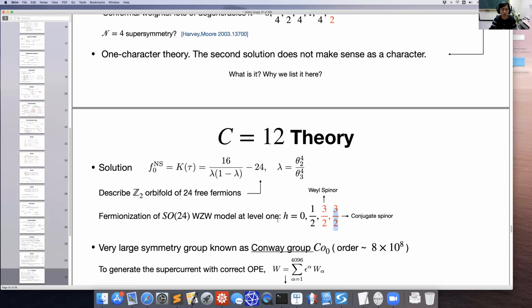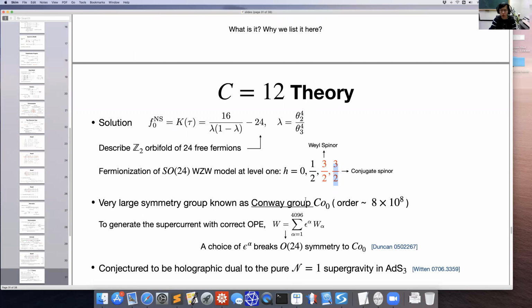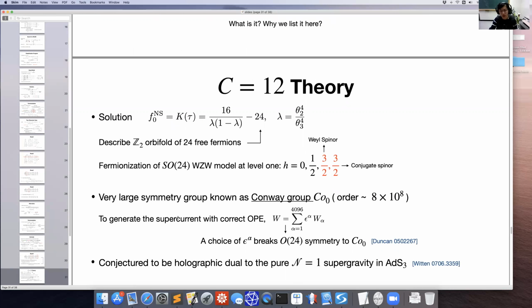Each of them can represent a fermionic simple Z2 current, and you can do the fermionization. What's interesting for this model is that it has a very large symmetry group known as the Conway group, Co0, which has a very large order. This can be shown rigorously as follows.